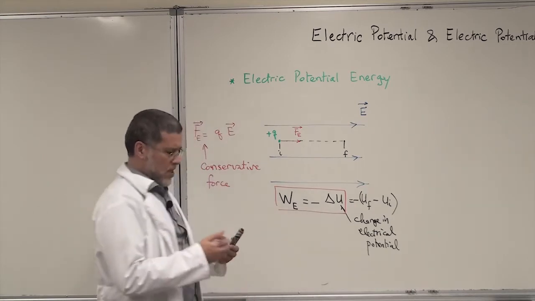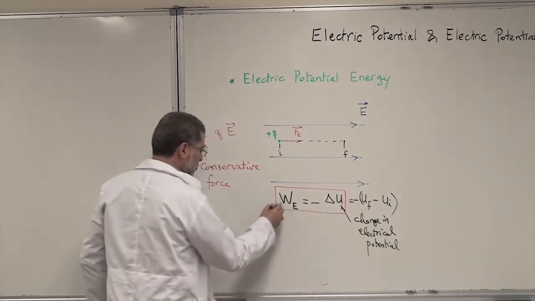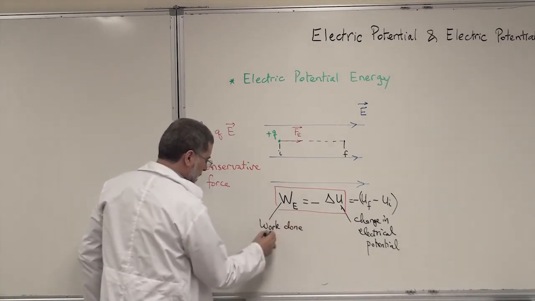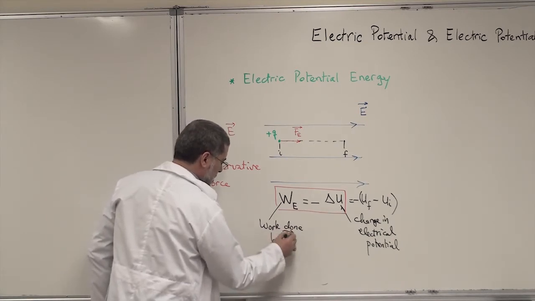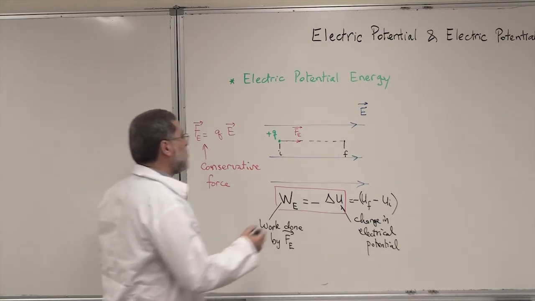The work is minus the change in potential energy. And this is the work done by the electric force, by the FE, the electric force, which is here in red.